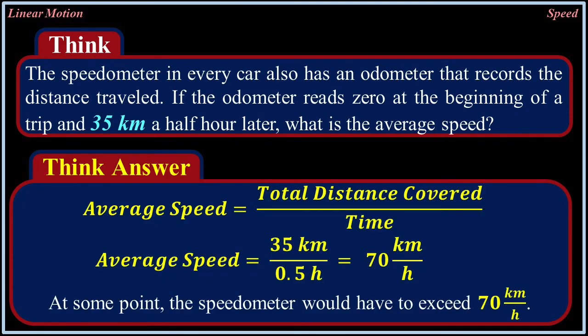The average speed will be the total distance covered divided by the time. 35 kilometers divided by 0.5 hours is 70 kilometers per hour. At some point, the speedometer would have to exceed 70 kilometers per hour.